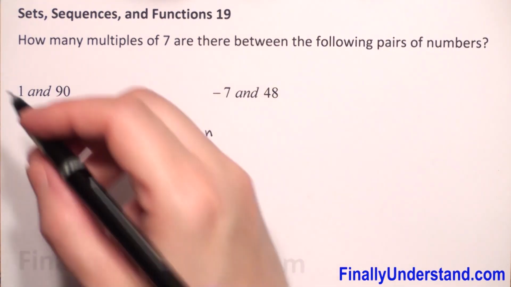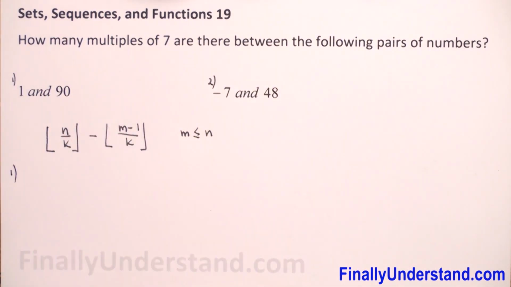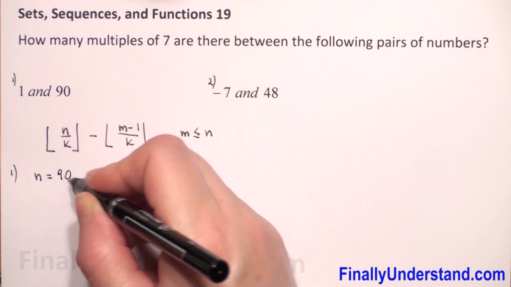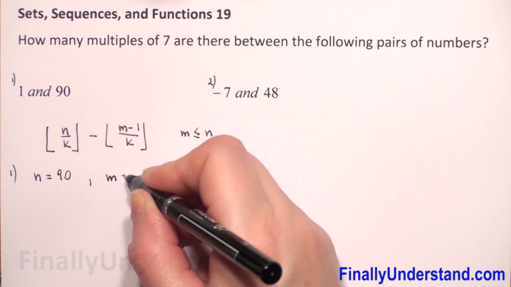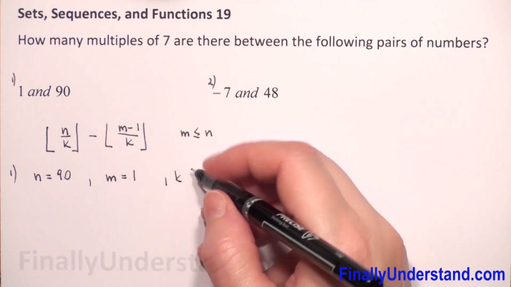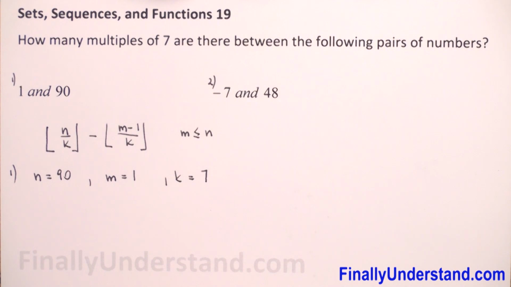In the first example, our n is equal to 90, m is equal to 1, and k, since we have multiples of 7, is equal to 7.